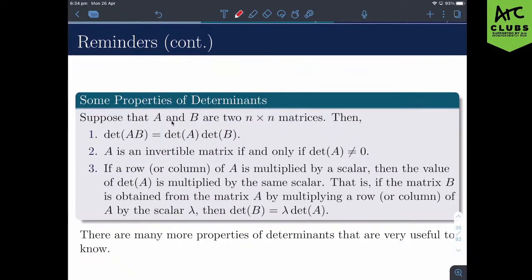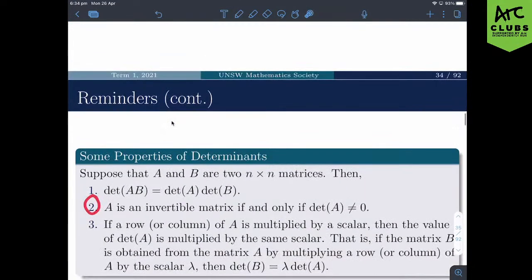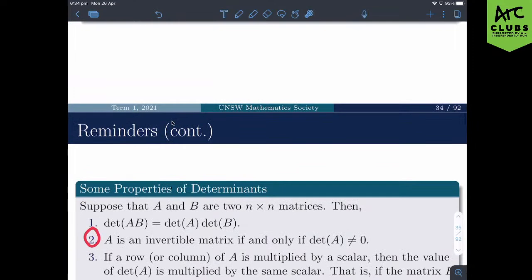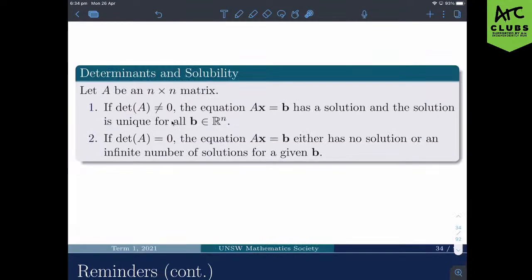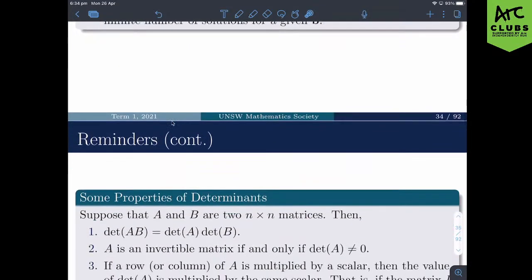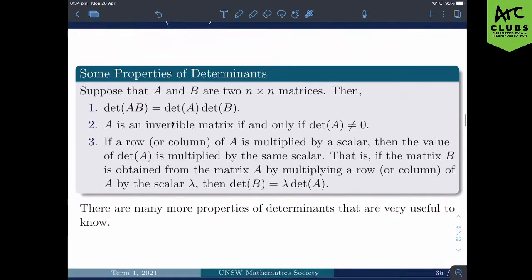And you might see a connection between this property and this property. If a matrix is invertible, then this system has a solution and the solution is unique. So yeah, that's a connection.